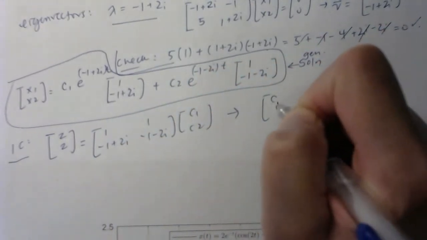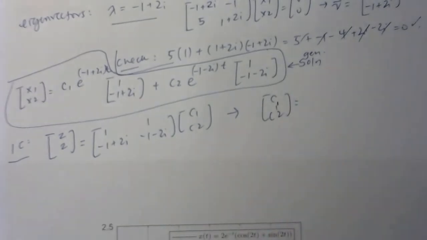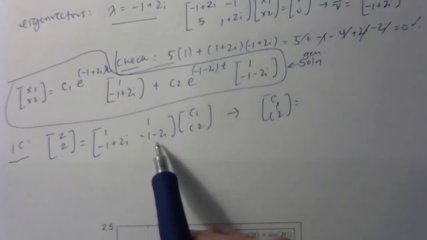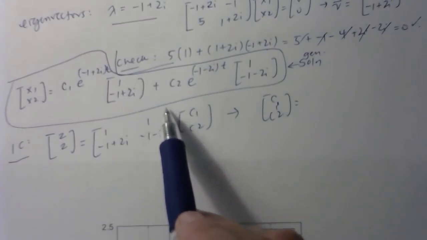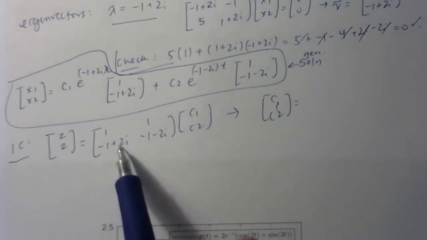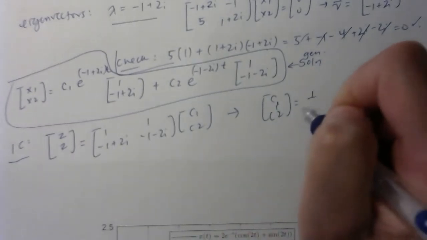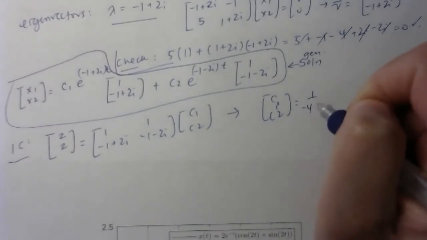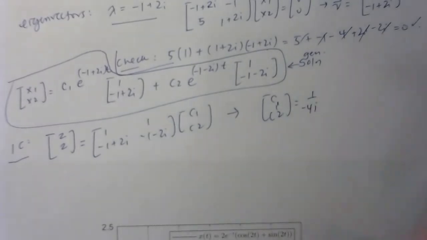So C1, C2 is going to be, what's the determinant? Minus 1 minus 2i minus a minus 1, and then so 1 over minus 4i, right? Is that right? Yeah.